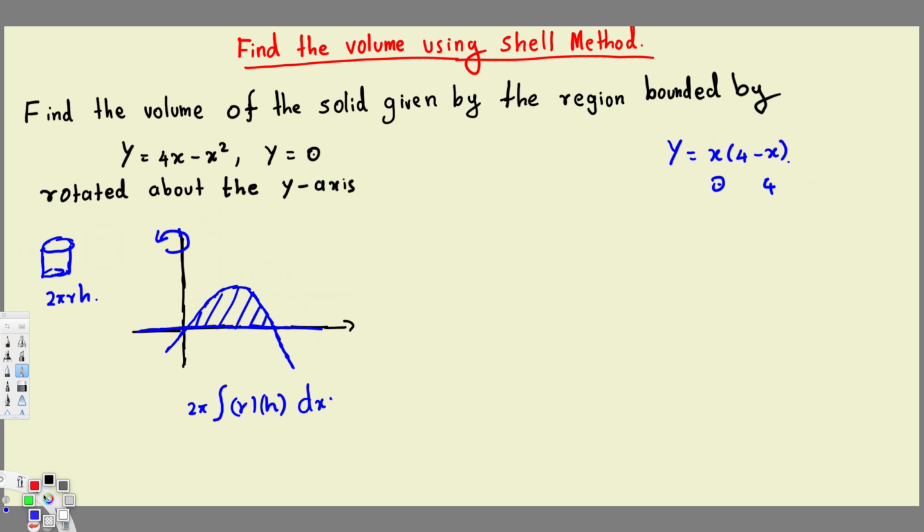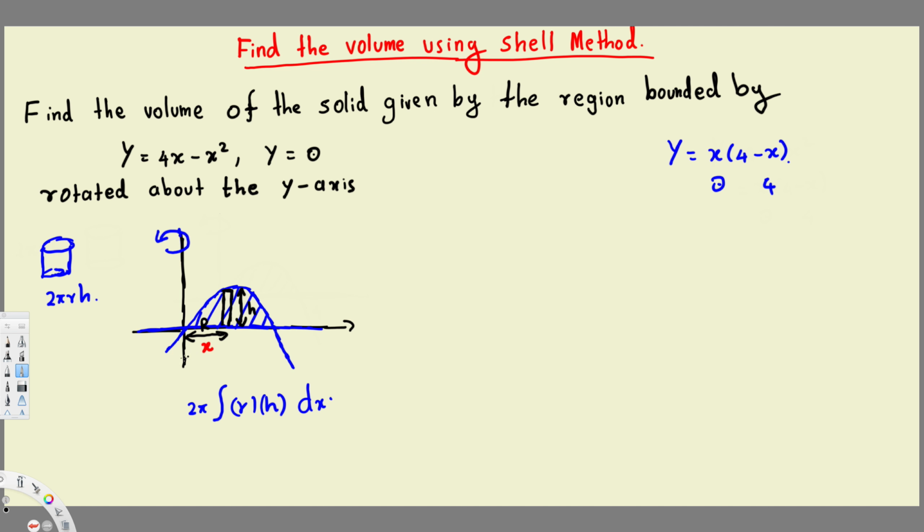So let's find the radius and the height. To do this, what we usually do is pick a point right here and draw a rectangle like this, and the radius is going to be from this point to this point. This is our r, and that is equal to x. So we can just put this as x, and then this height is going to be h.